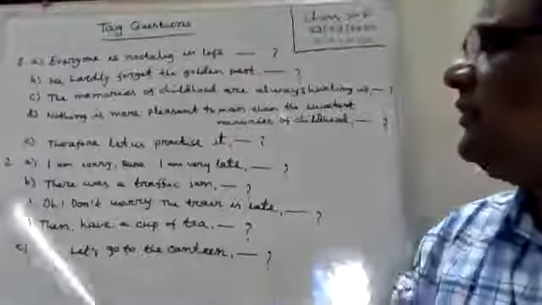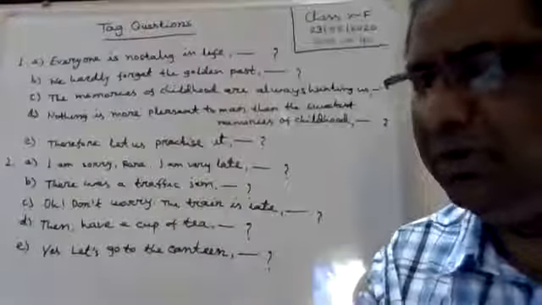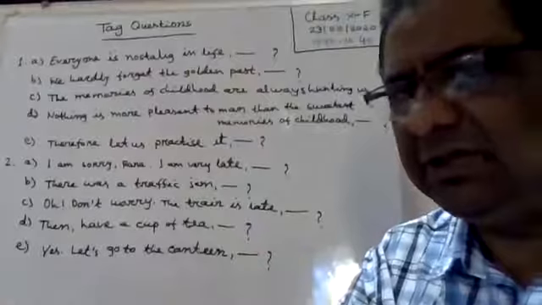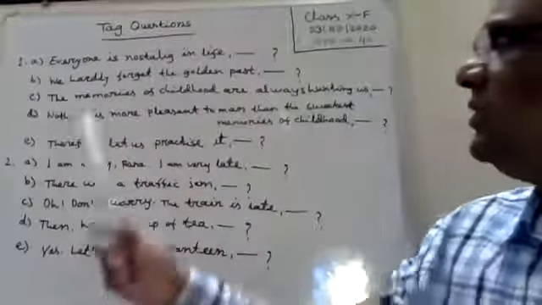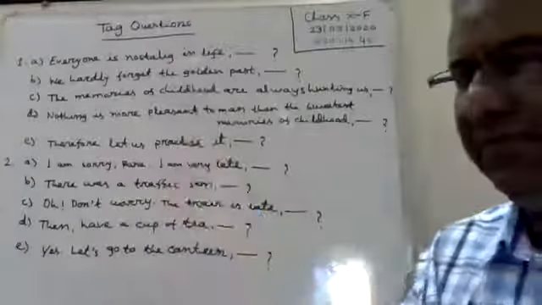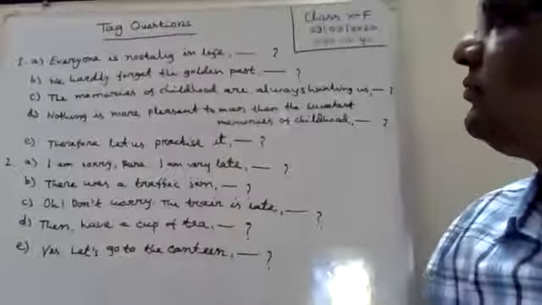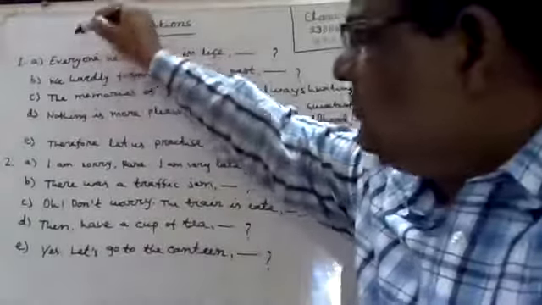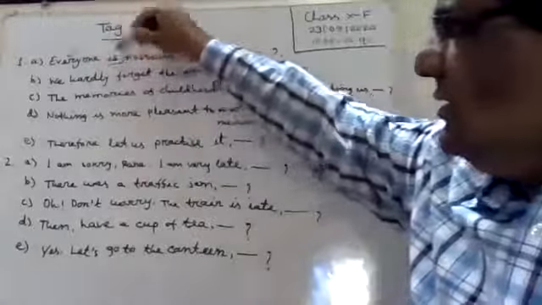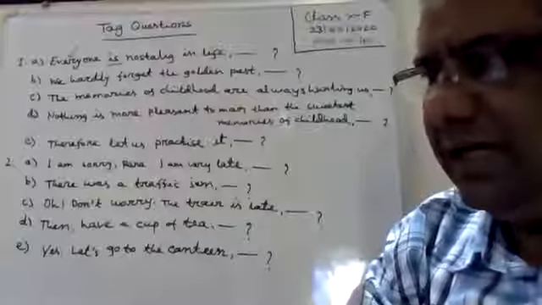So number 1, everyone is nostalgic in life. প্রত্যেকটা মানুষই তার জীবনে হচ্ছে স্মৃতি প্রবণতা, স্মৃতি পরায়ণ প্রবণতা আছে. So everyone is nostalgic in life. So what is that? What is subject? Everyone is subject. Is auxiliary verb. I told you that again.